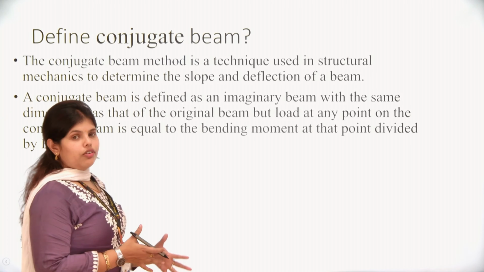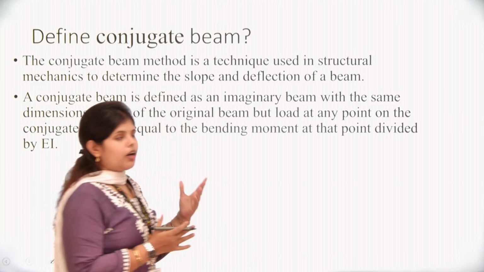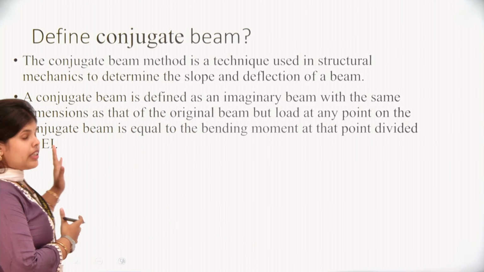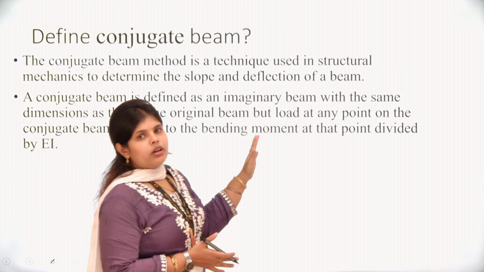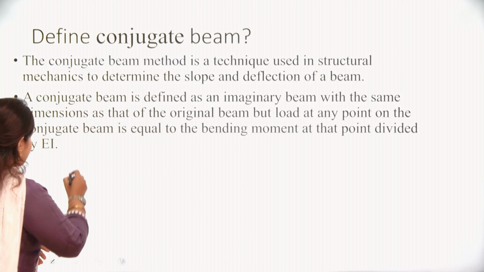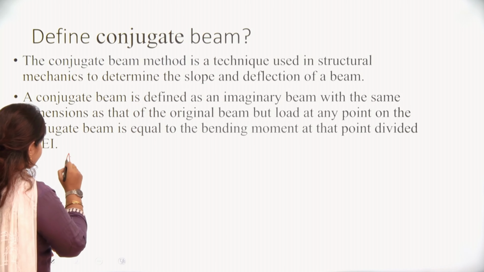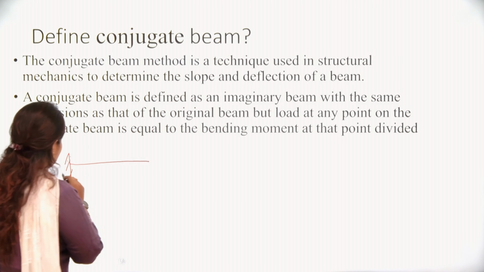So when we go for the conjugate beam, you need to keep in mind that it is completely opposite to the real beam. With an example, here we have a fixed beam.